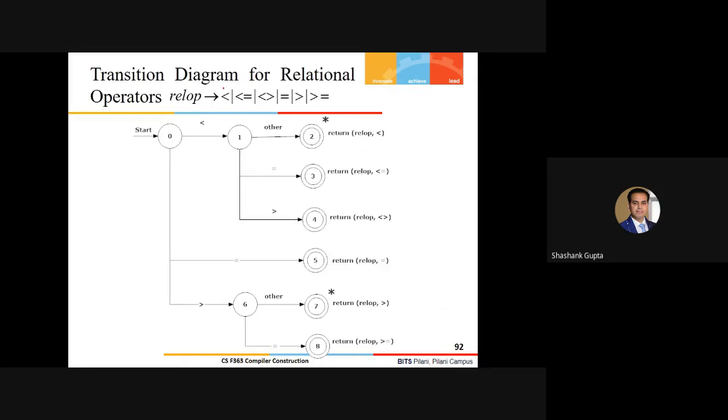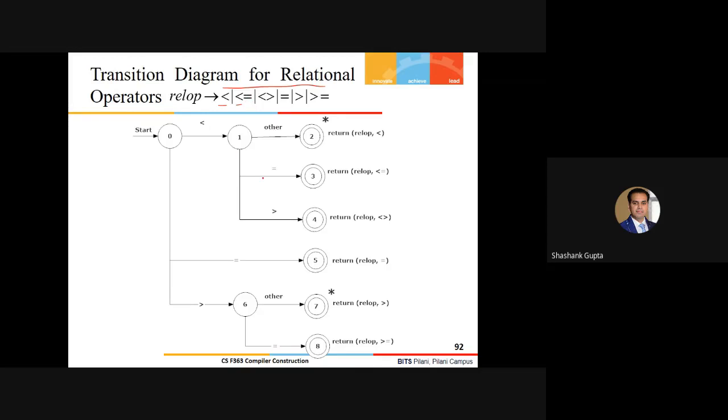So we have these specifications available with us. Let's say we are starting with this less than symbol. From state 0 to state 1, we are reading the less than symbol. Immediately we cannot say to return this as a relational operator, because there are more things in our specification, like this equal to sign.